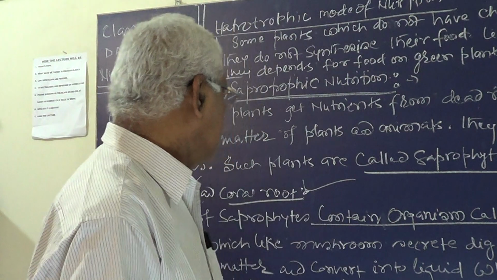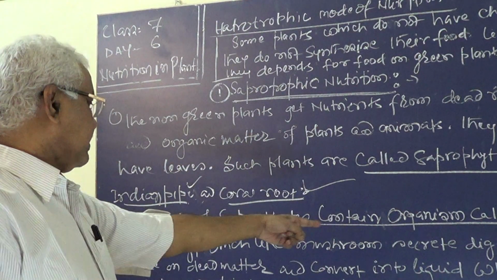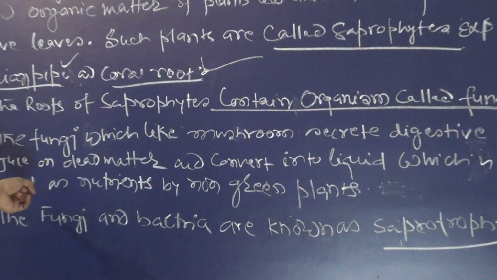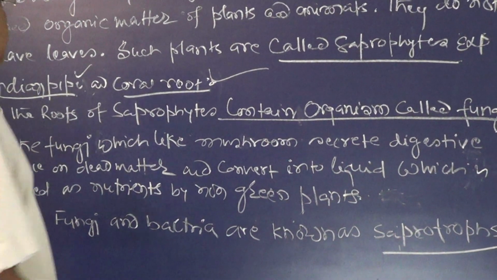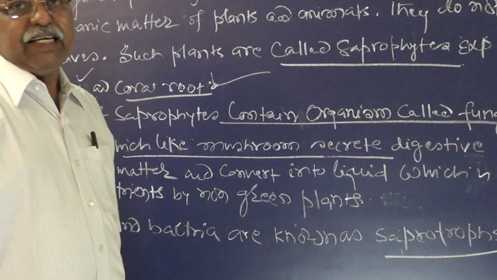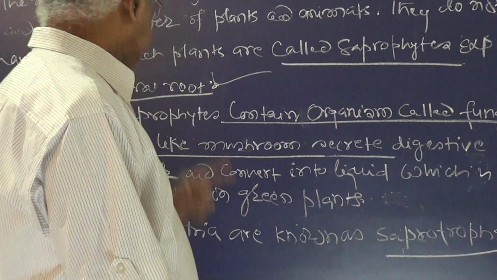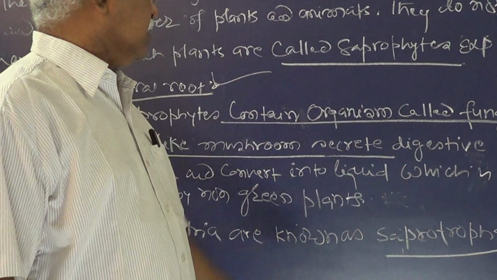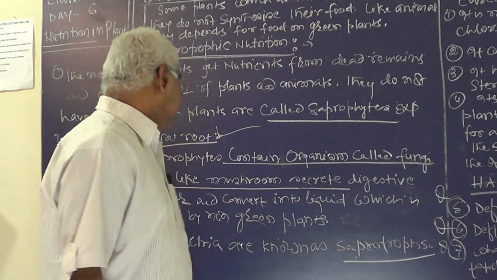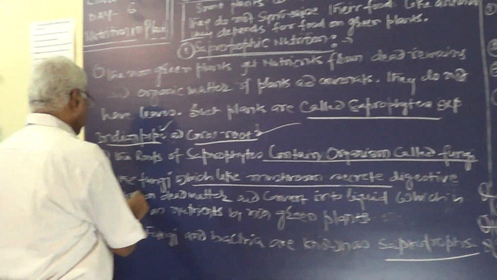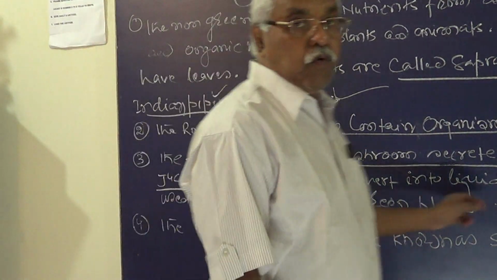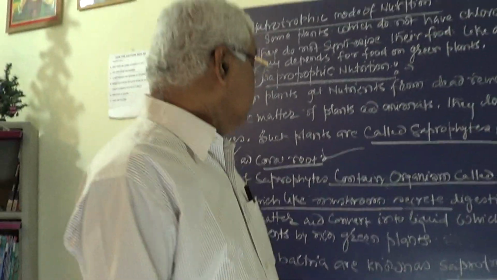What actually happens? The roots of the saprophyte contain an organism called fungi, fungi or fungi, both are correct. The fungi is like a mushroom. The saprophyte carries the fungi, which is like a mushroom, and it secretes digestive juice.